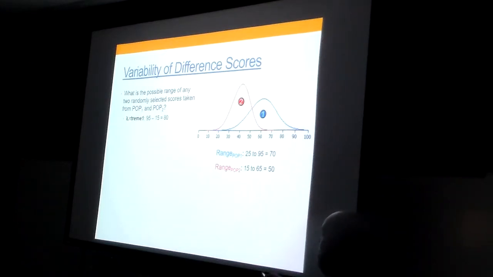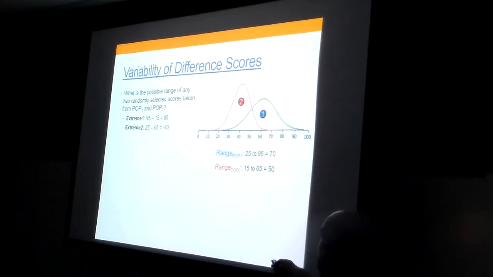So we take a look at this for our extreme. If we start with population 1, take the highest value from population 1, which is 95, and subtract the lowest value from population 2, right? If I just happen to randomly select the highest individual in population 1, and I happen to randomly select the absolute lowest individual from population 2, that gives me a span of 80 points.